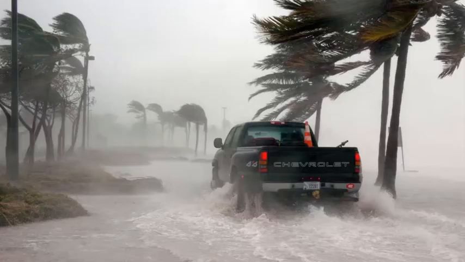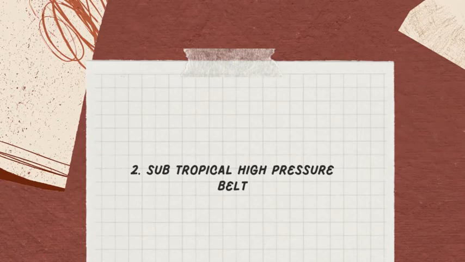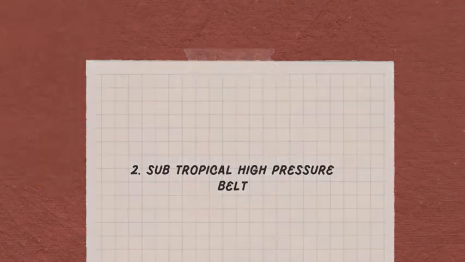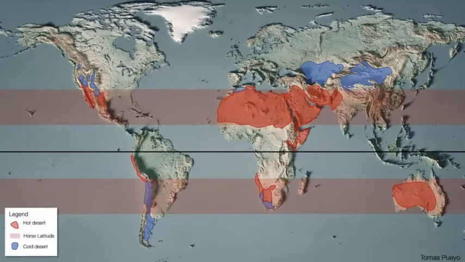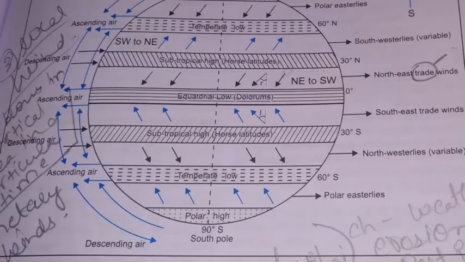Secondly, after that belt, we have the subtropical high pressure belt within latitudes 30 to 60 degrees north and south of the equator in both hemispheres. The area is calm due to the downward movement of winds that diverge at the surface.